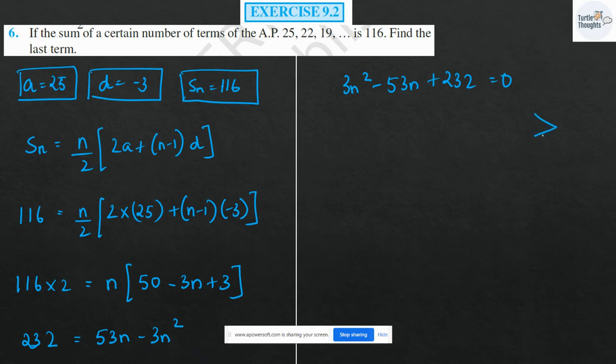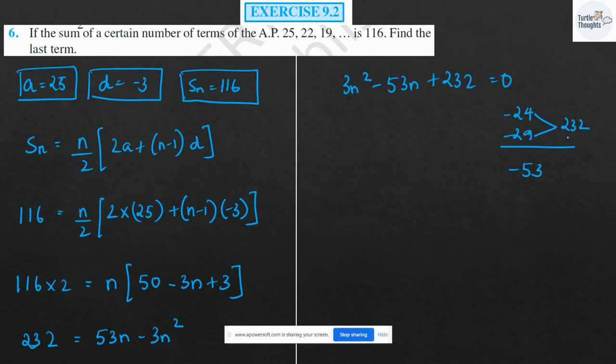Now you have to find two numbers such that when you add, you get minus 53, and when you multiply, you get 232. Which are those two numbers? 25 and 25, no. 26, 27, no. 24 and 29, will you be getting?